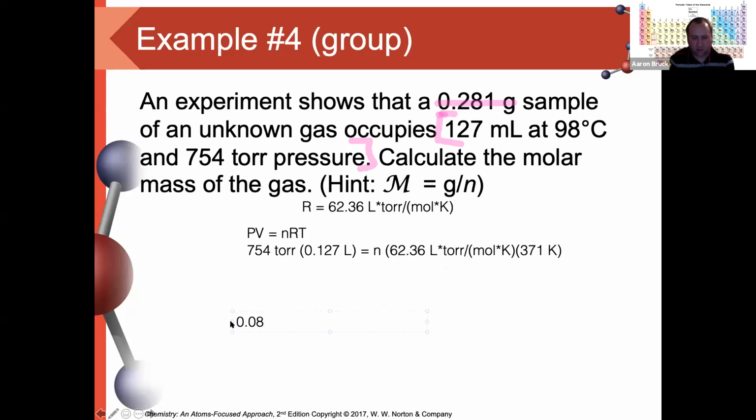If we use 0.08206 liter atmospheres per mole Kelvin, the value that we get here, the 62.36, is going to come from the conversion of atmospheres to torr. 1 atmosphere is equal to 760 torr.